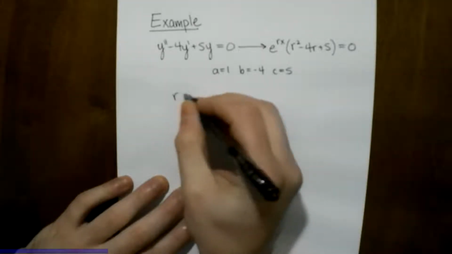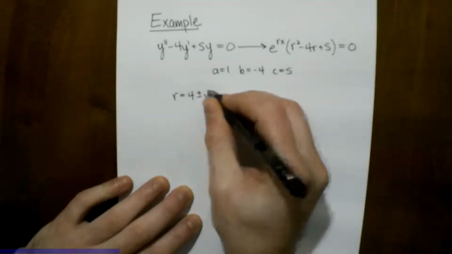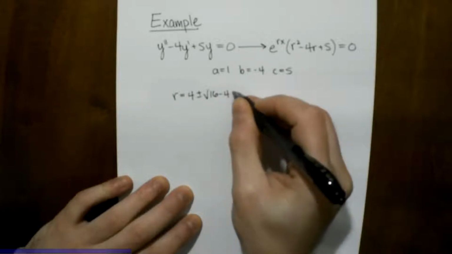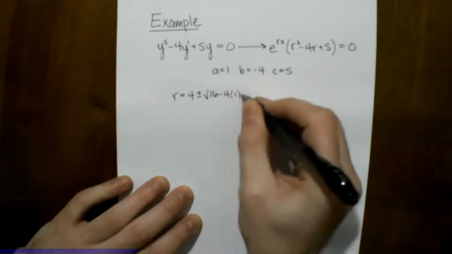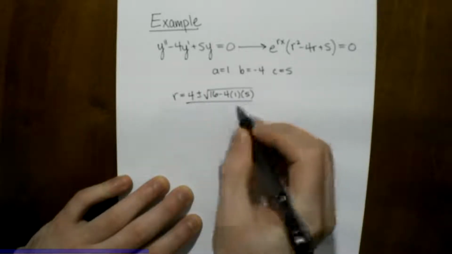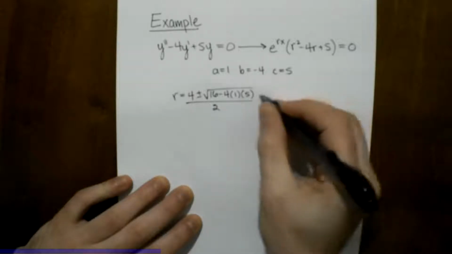So we then have that r is the opposite of b, or 4, plus or minus the square root of b squared, so 16, minus 4 times a, which is 1, times c, which is 5, and all over 2 times a, which is 1, so we'll just leave that as a 2.